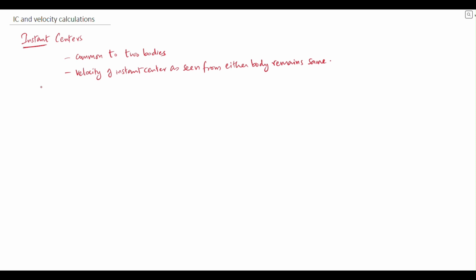The next instant, when the mechanism has changed to a different configuration or a different position, the instant center might change. And we said that if there are n bodies or n links in the system, we can choose two at a time, and we get n times n minus 1 divided by 2 number of ICs. So for a 4 bar mechanism, we can have an instant center for, so this is body 2, this is link 1, which is ground, this is 3 and 4.